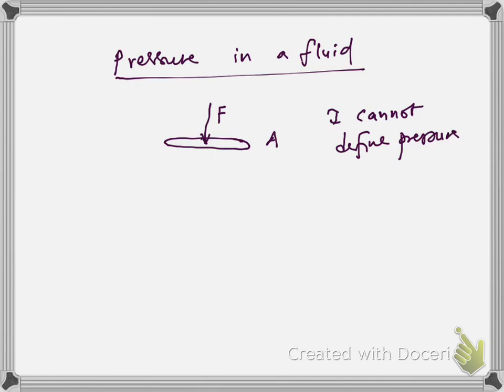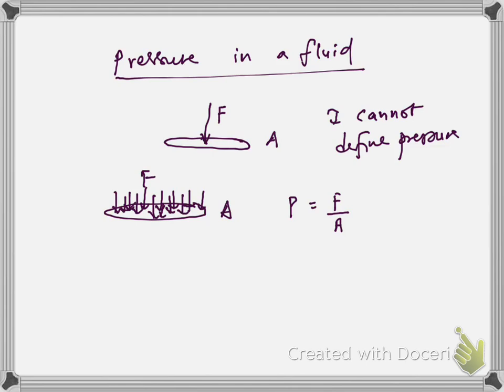Pressure can be defined when you have a plate of area A and the force acting on the plate is distributed like this. It is acting at every point on the plate. Suppose this force acts at every point on the plate, everywhere, there is no exception, and the totality of all these forces is F. Then I can define pressure as force divided by area, or force per unit area.